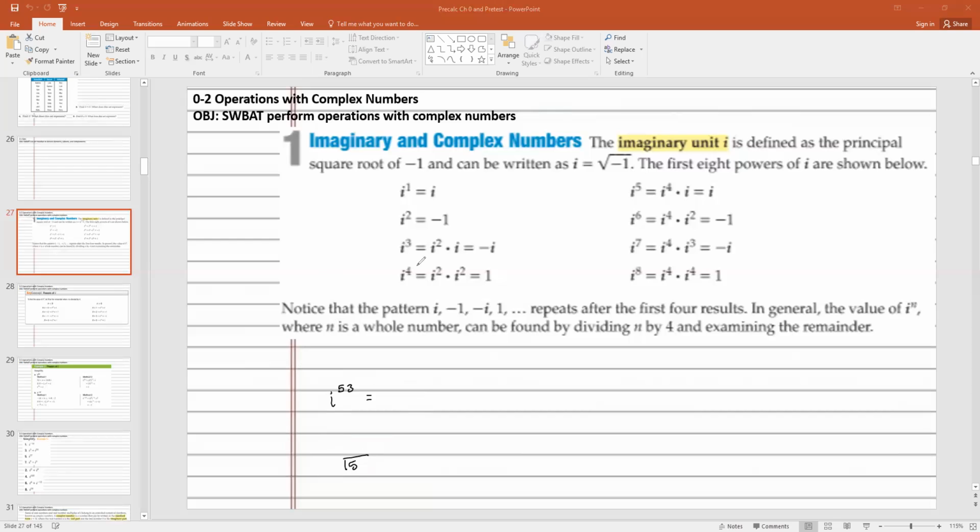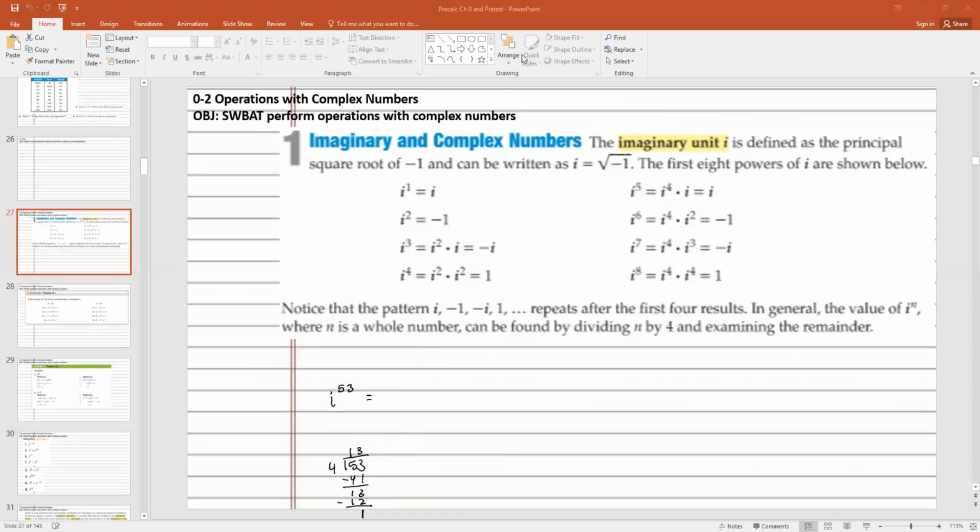Always divide it by 4. So 4 goes into 5 once. And 4 goes into 13 3 times. That's 12. And we get a remainder of 1.